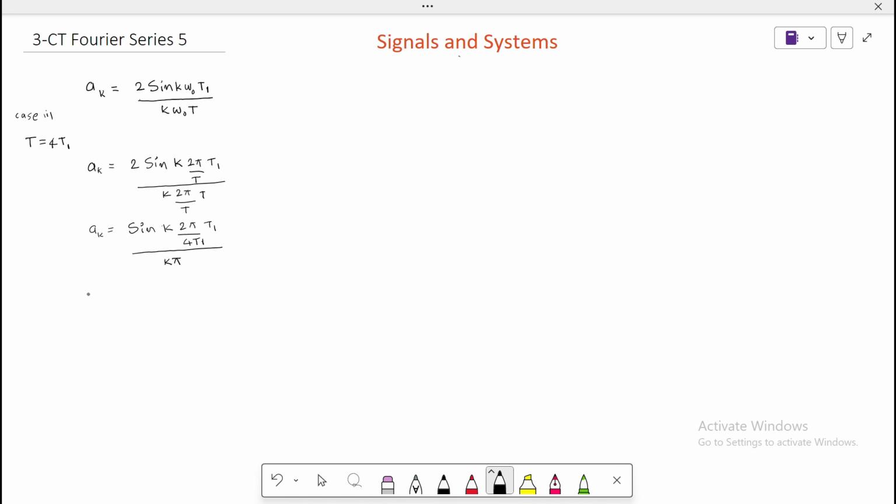T1 gets cancelled. Then here we will get a_k equal to sine of k pi by 2 by k pi.